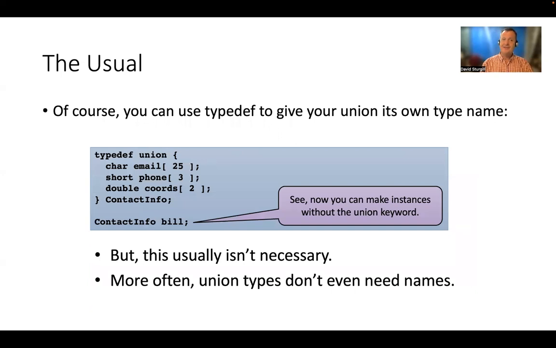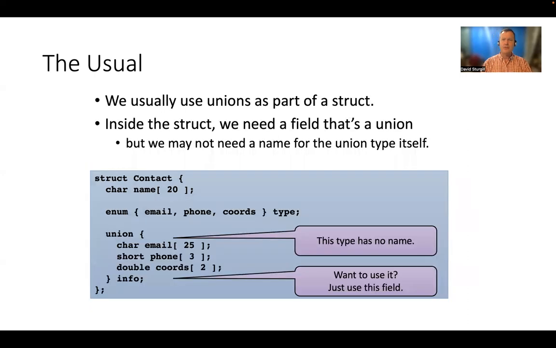We already said for unions, you might use a typedef to map the union name to a short type name, so you don't have to keep saying the word union over and over again. But often, if unions are defined in a structure, you won't even bother giving them a type name. For the example we've been using, maybe email or phone or global coordinates is only something that I use inside the structure.